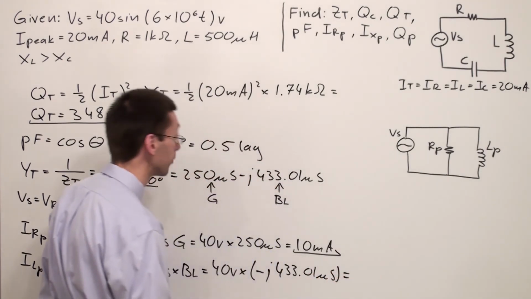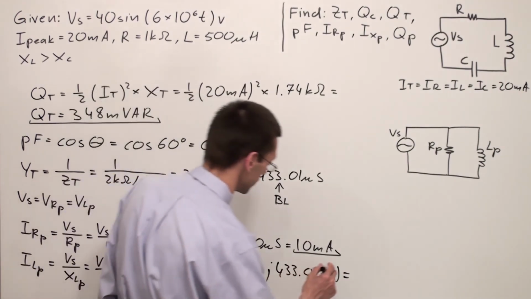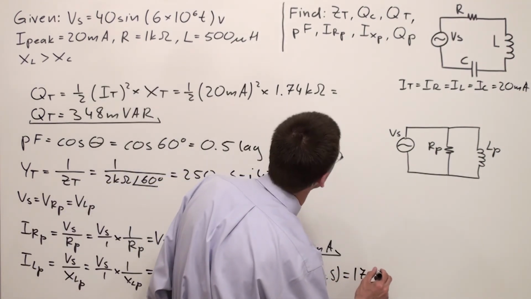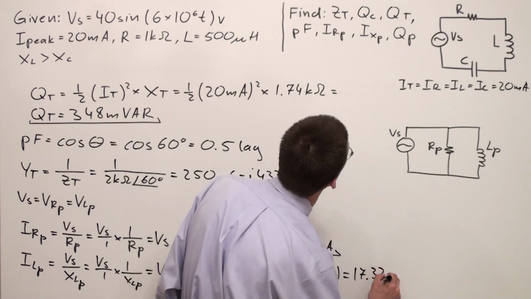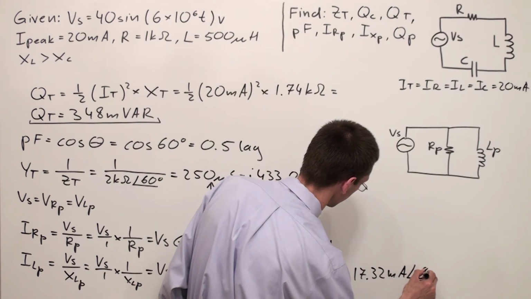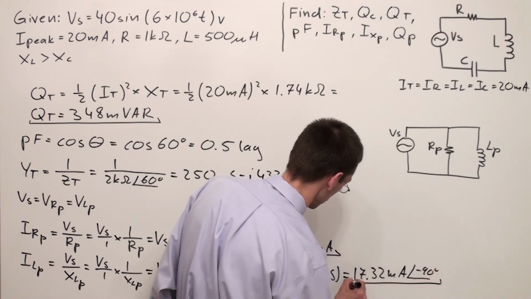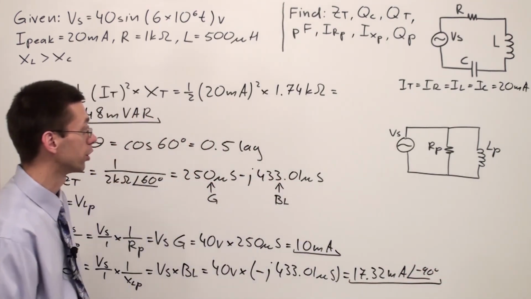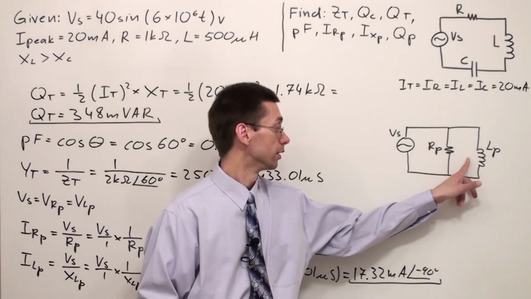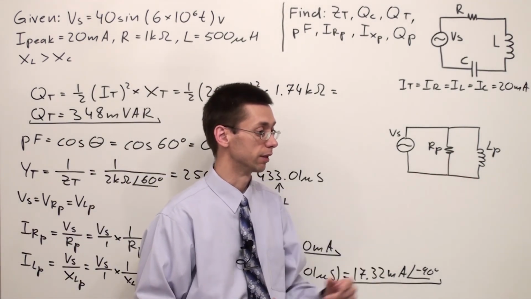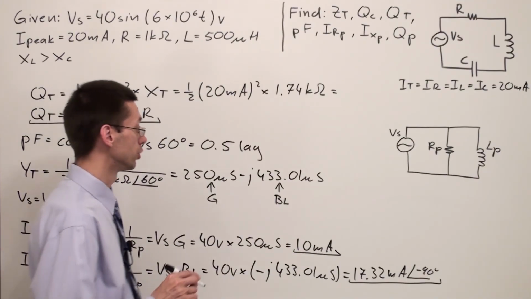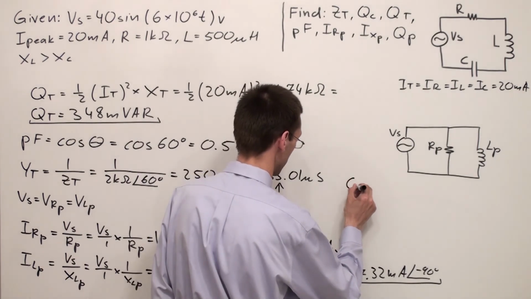This is equal to 17.32 milliamps at an angle of negative 90 degrees. So this is the current which will go through the inductor in my parallel equivalent circuit.